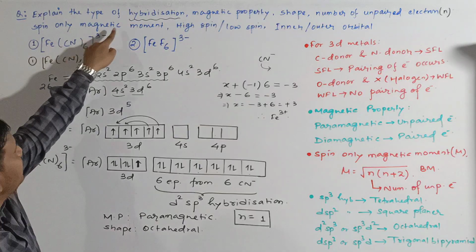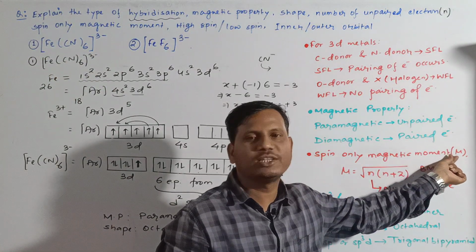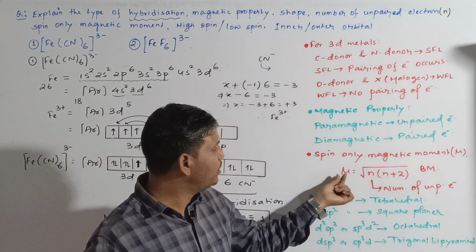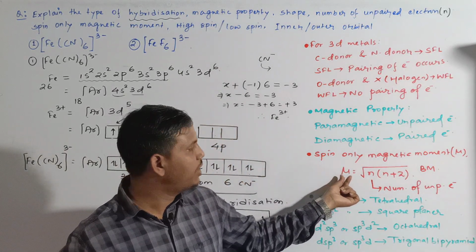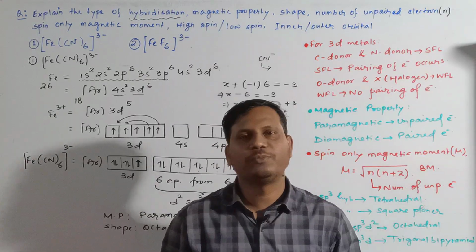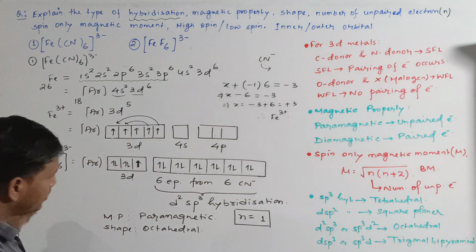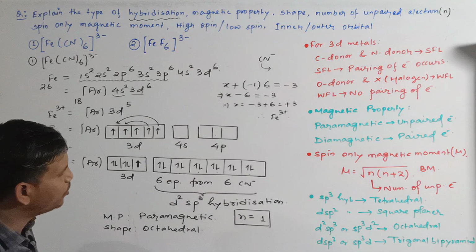Then spin only magnetic moment. Spin only magnetic moment is denoted by mu, and can be calculated by the formula root over n(n+2), and the unit will be BM. BM is the Bohr magneton. So let us find the magnetic moment.